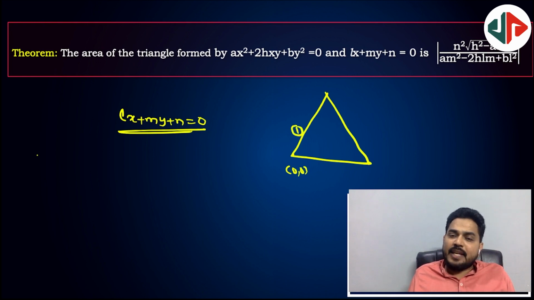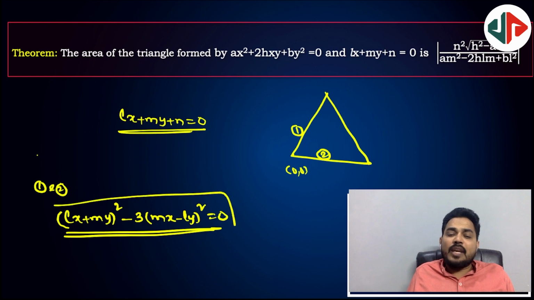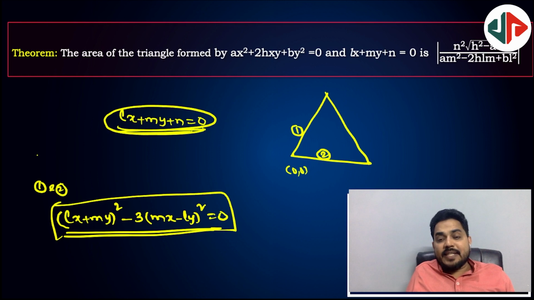So the combined equation of that pair is Lx plus My whole square minus 3 times of Mx minus Ly whole square is equal to 0. This is the pair of equations that forms an equilateral triangle with Lx plus My plus N is equal to 0.